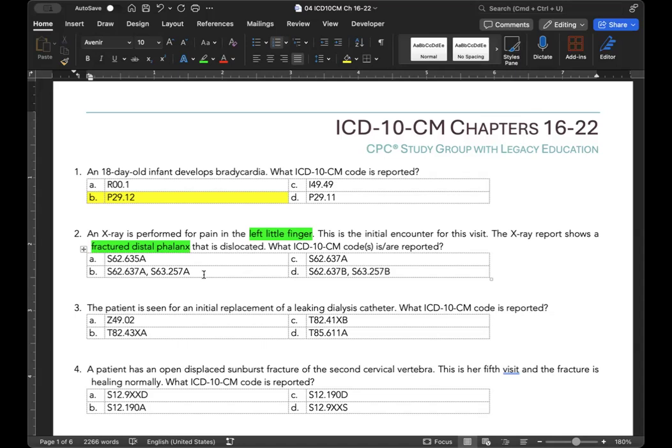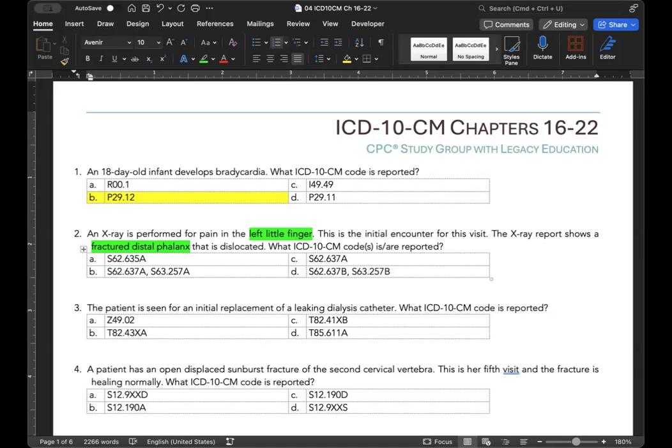Okay. So Dawn says A, Carrie says B. So does our scenario indicate open or closed fracture? Oh, sorry, Carrie. I thought I saw it come in at the same time.